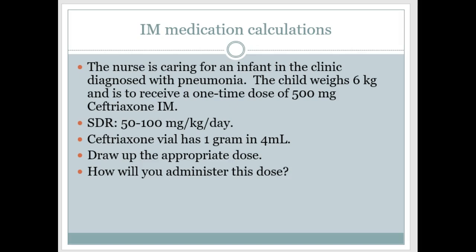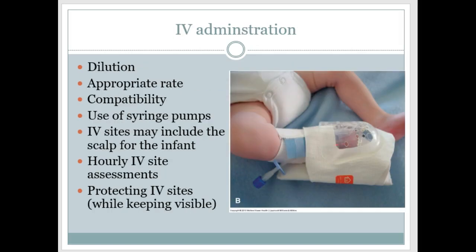I usually do this with another nurse so that we can each give some injections simultaneously, and then the parent can hold the baby and try to get it done as quickly as possible. Still using that sucrose, comforting the infant, numbing that site, and then giving medications via IV.